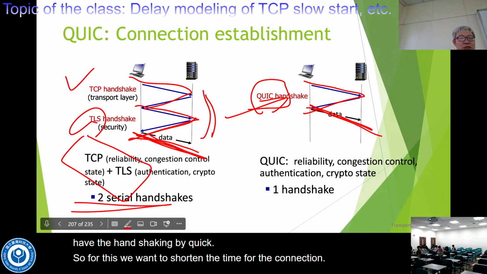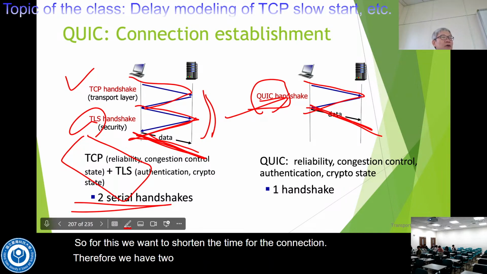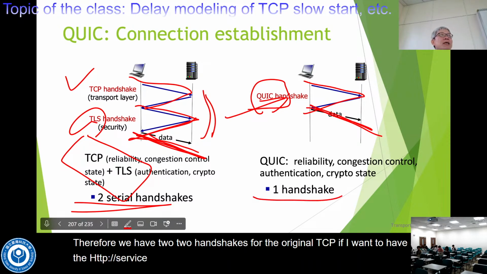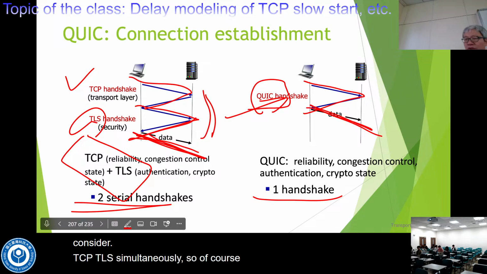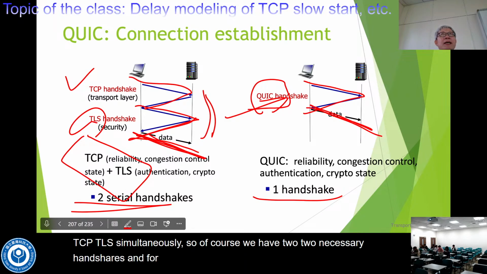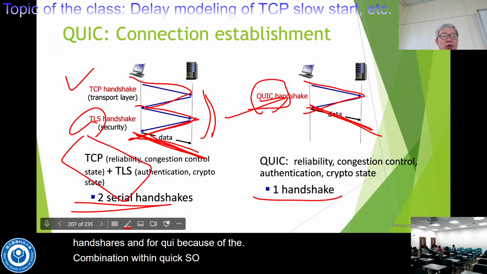Therefore, we have two handshakes for the original TCP if we want to have the HTTP service. However, for QUIC, we just have one handshake. If we consider TCP plus TLS simultaneously, of course we have two necessary handshakes. And for QUIC, because of the combination within QUIC, we just have a single handshake.